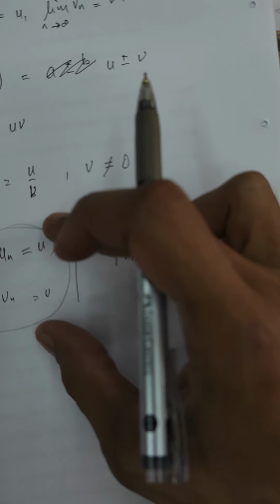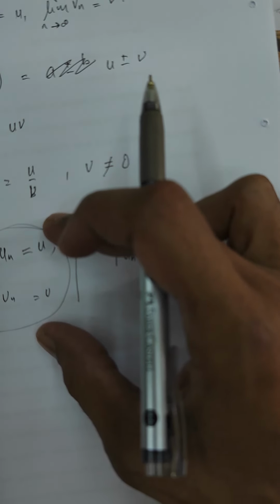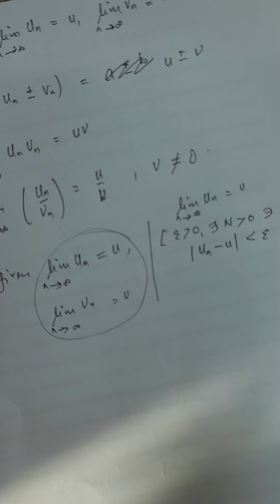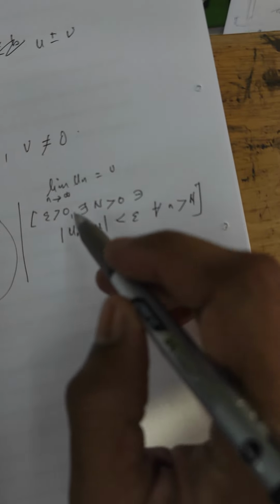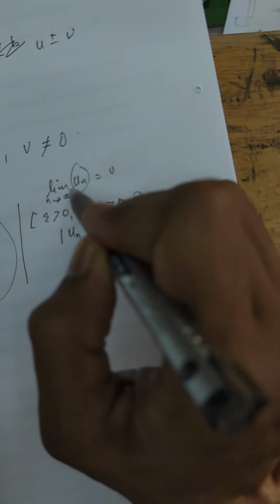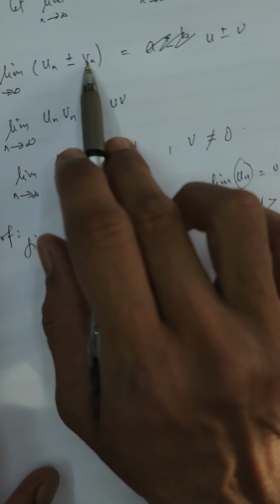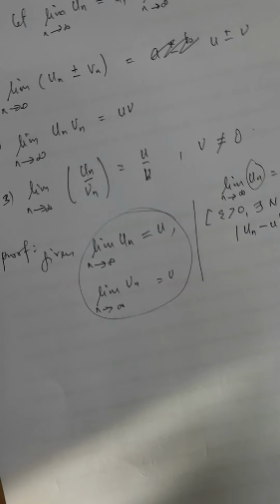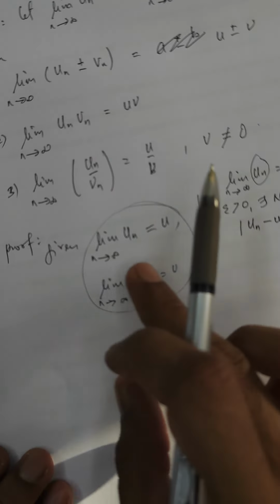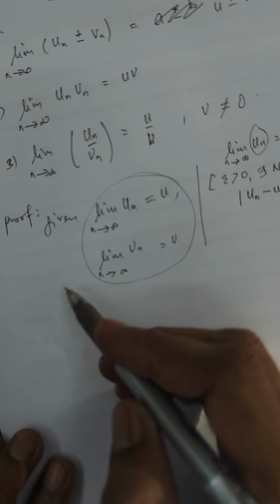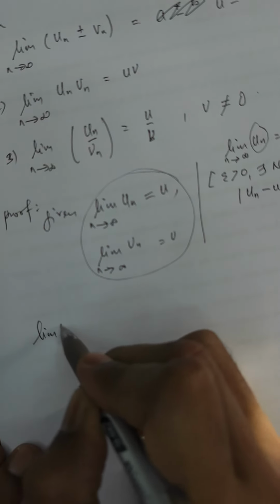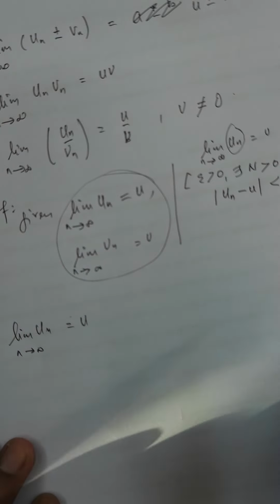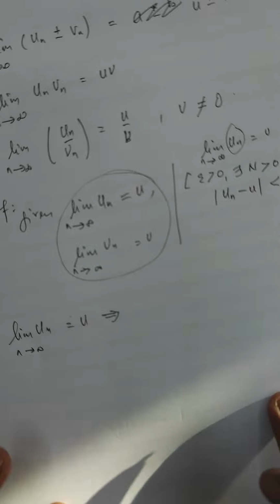Now in this case, that's what we have, and we want to show this. From the definition, we begin with the sequence itself. In this case, our sequence is un plus vn. So we take plus; minus is easy, you just do the same for the minus. Now, from the given, the limit of un as n goes to infinity is u. We apply the definition.